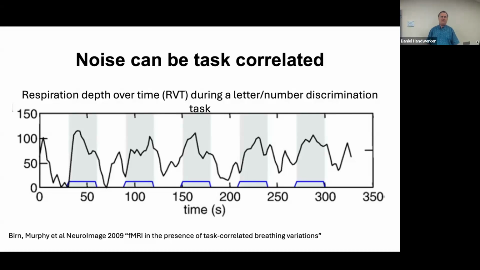So I am a strong advocate for always collecting respiratory traces and cardiac traces, because at minimum, you can say, hey, my subject held their breath every time my task appeared, or they started taking deep breaths every time it appeared. Now I know that, and I can think about what to do. If you don't collect that data, you just won't know.